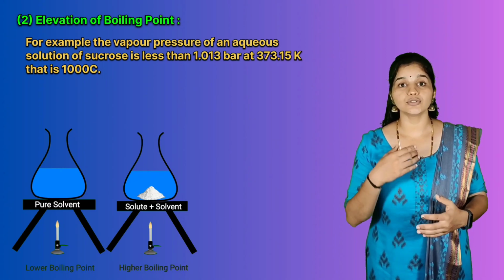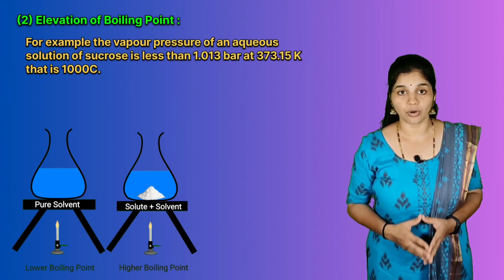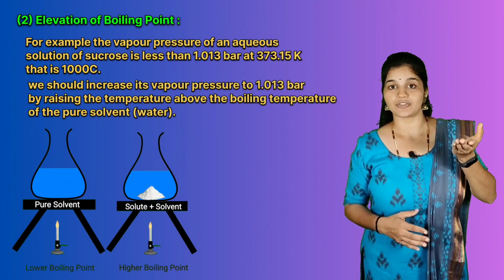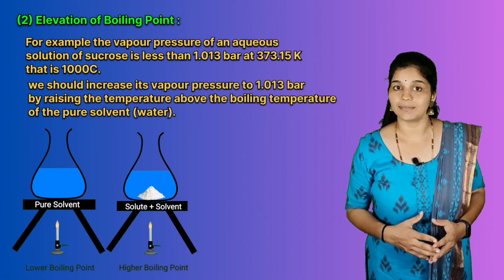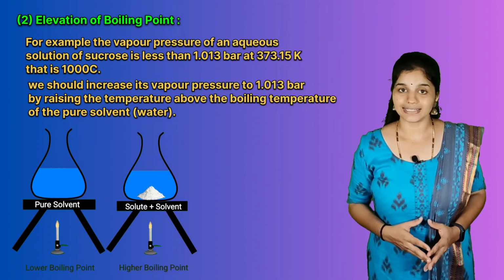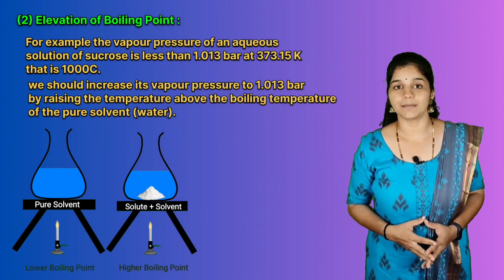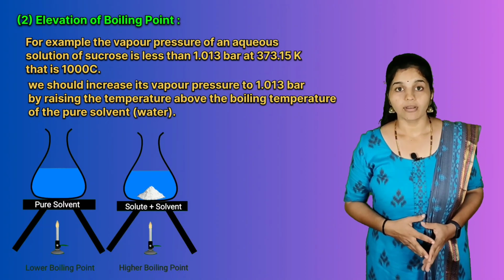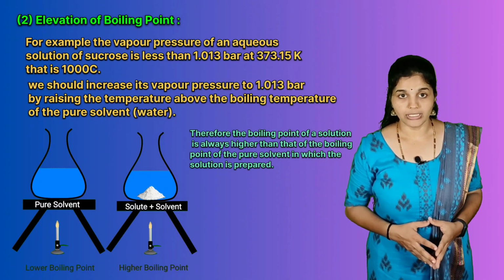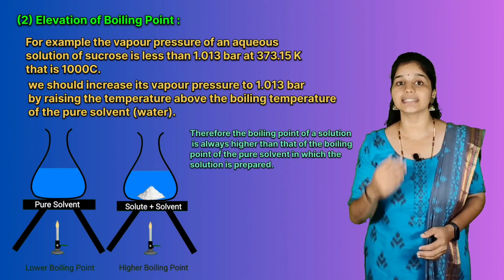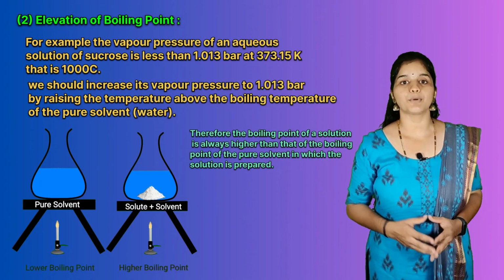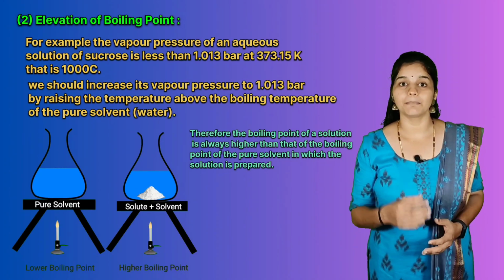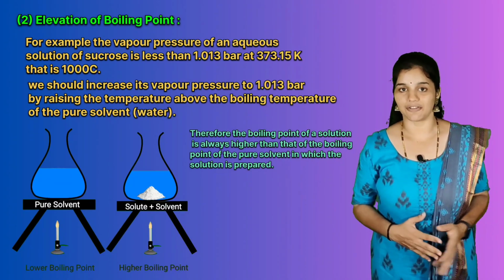Now, in order to make the solution of sucrose boil, we should increase its vapor pressure to 1.013 bar by raising the temperature above the boiling temperature of the pure solvent, that is water. Therefore, the boiling point of a solution is always higher than that of the pure solvent in which the solution is prepared, as shown in the graph.